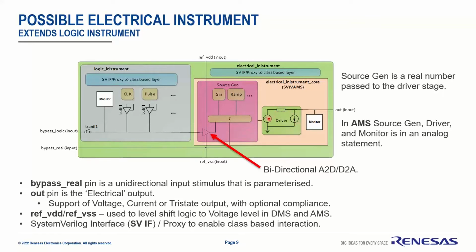And then the driver is placed here, and we've got a monitor there as well. So we've got a ref VDD and ref VSS so that your logic stuff is level shifted, and this is bidirectional, so that you could still have a UVC connected here and it would just drive out electrically on here. Or you could switch the pin and drive out a ramp as well. So very flexible.